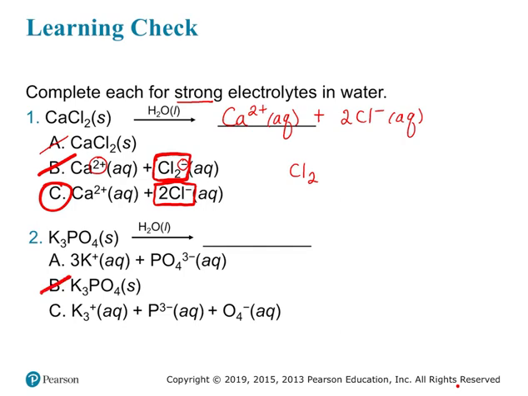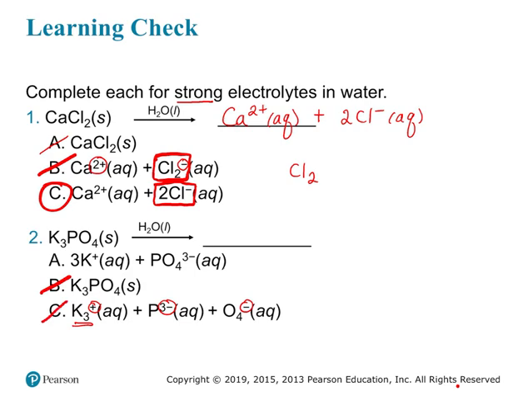Now, potassium ions are not really going to form a molecular compound like that with K3. But additionally, if we look at all of these charges, they don't balance each other out. We don't end up with a neutral molecule. So C is not correct.